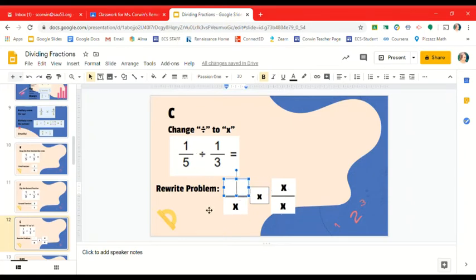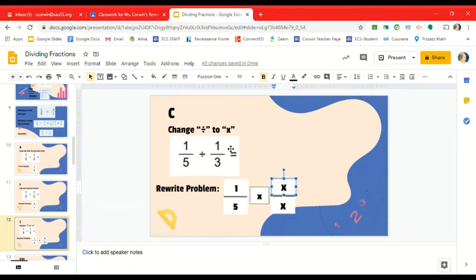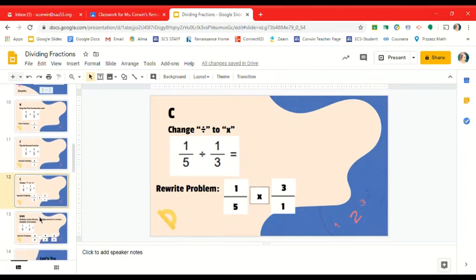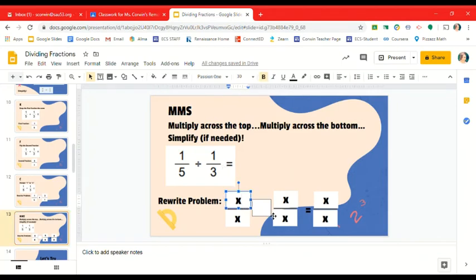So keep the first fraction. So the first fraction is 1/5. Flip your second fraction. So instead of 1/3, we now have 3/1. And then change that to multiplication. Now you should be good to actually do the problem out. So I'm going to tell you one more time to make sure you rewrite this.